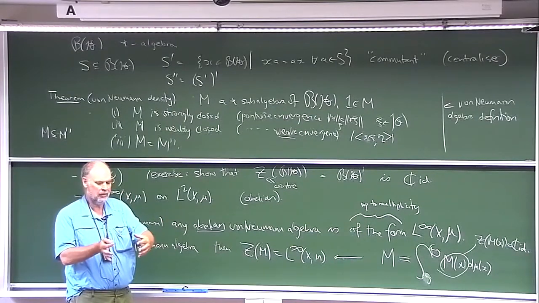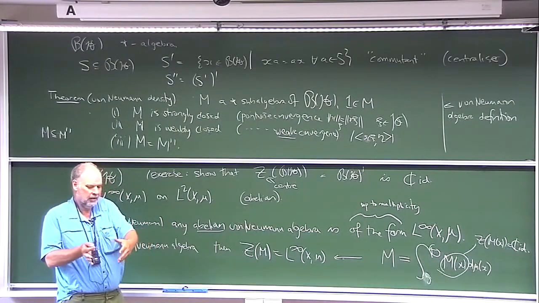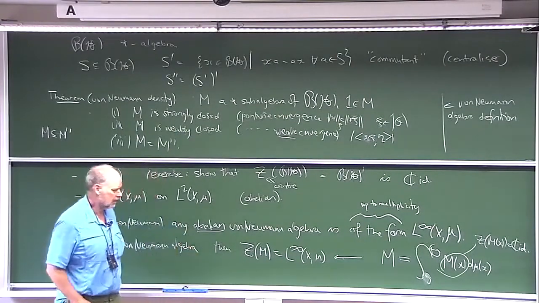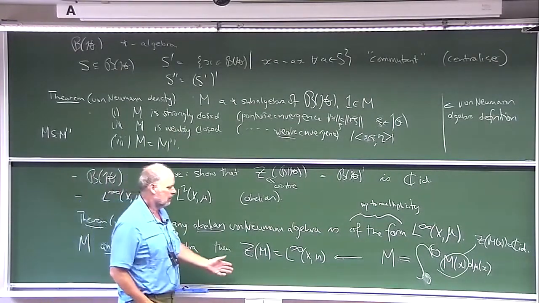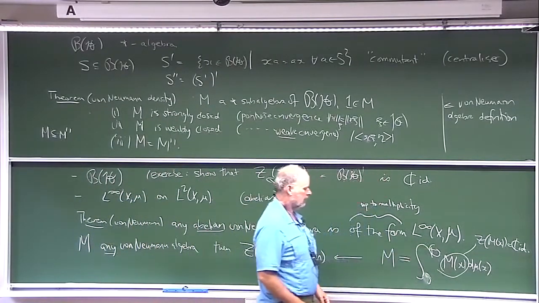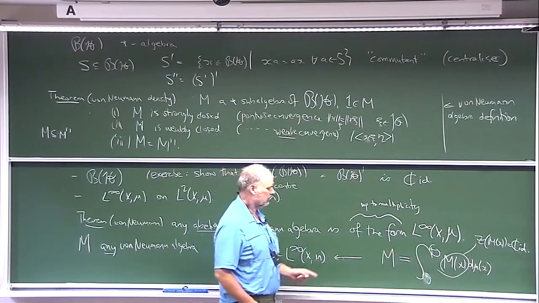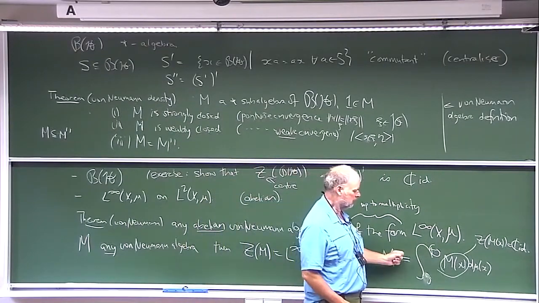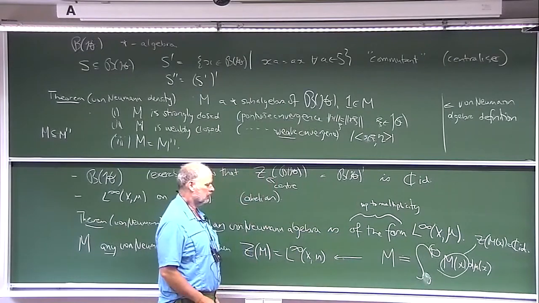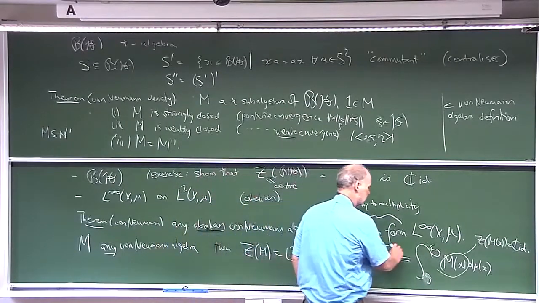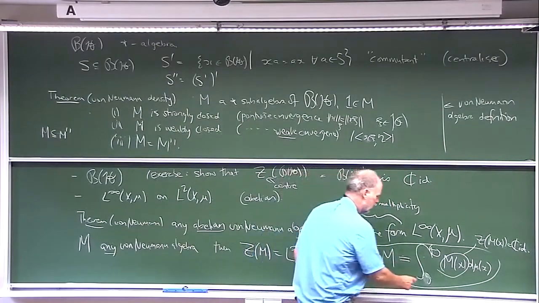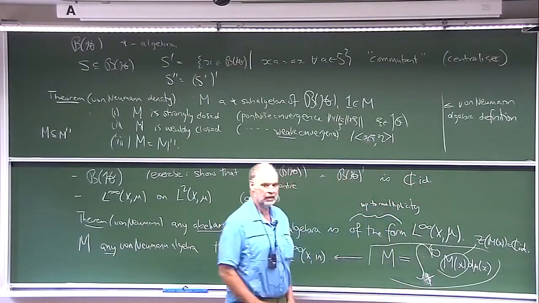You get a smaller von Neumann algebra. And you would try to get rid of the center altogether just by taking smaller and smaller projections. Well, in the continuous world, you never really necessarily get down to atoms, at least in no easy way. But von Neumann showed that if you do it carefully, you can get down to atoms, and you can write your von Neumann algebra as a direct integral, whatever that means, of M of x dx.